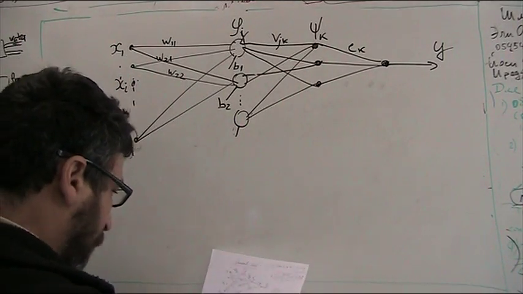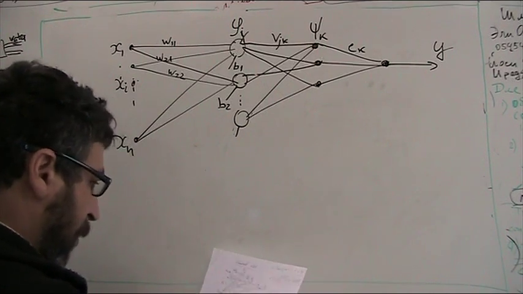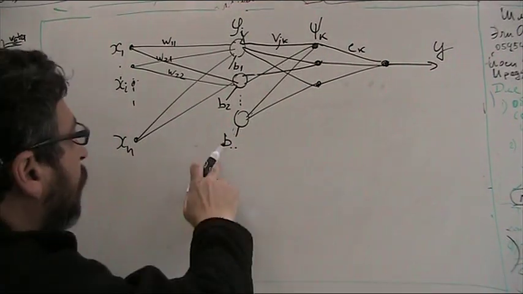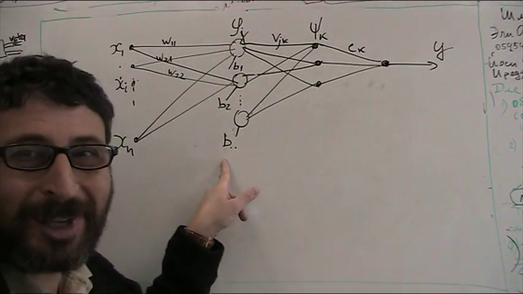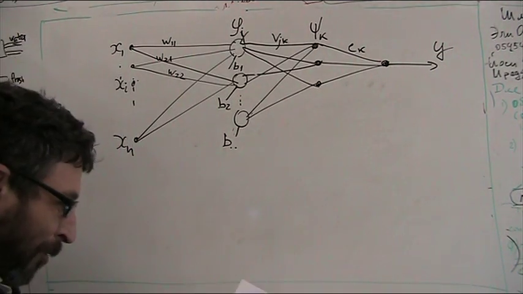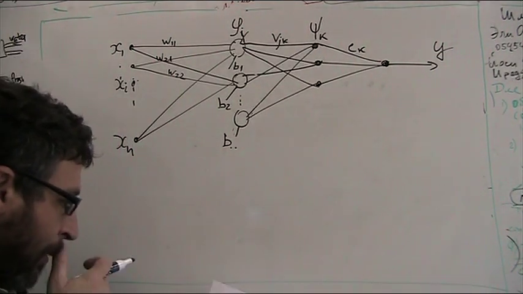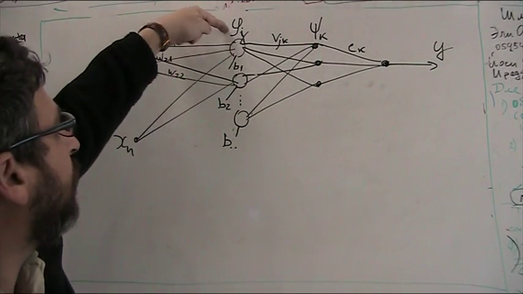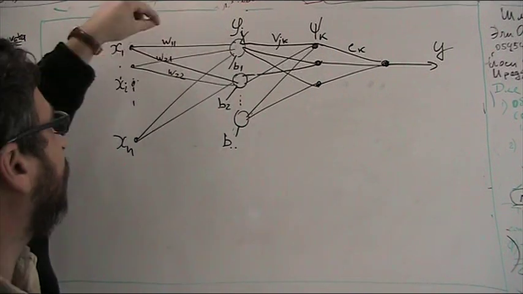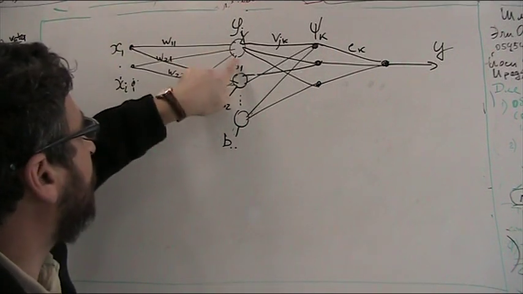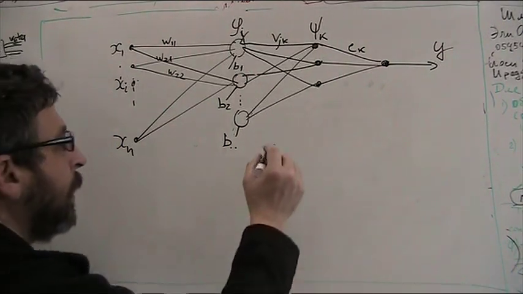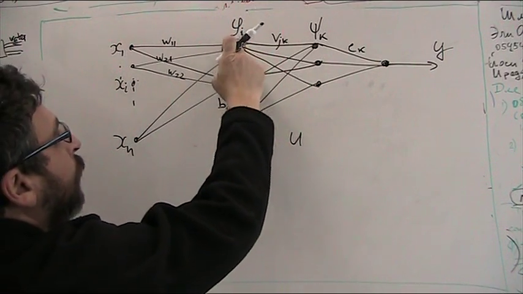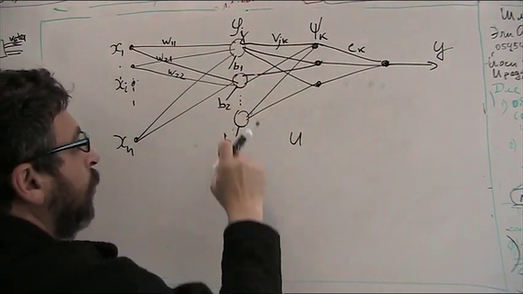I will find the letter for the number of neurons later. And let me denote the input of every nonlinear function, which is the sum of weighted x's plus b, as u. And then say u1 will be the input of nonlinearity here, u2 here, and so on.